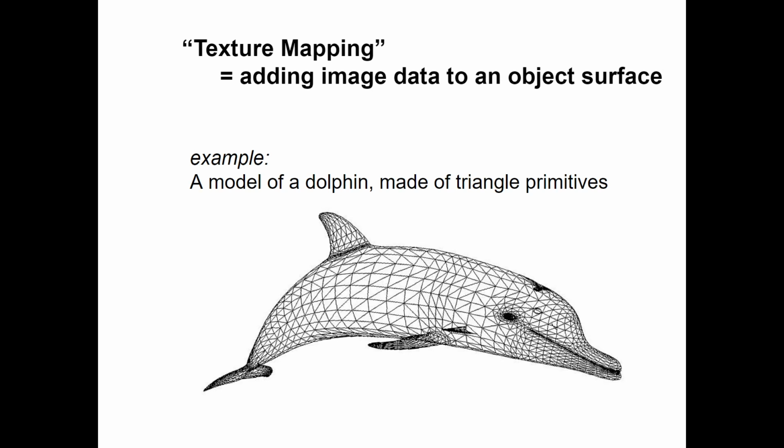How do we add more detail to the image without adding actual geometry? The question is, well, why don't we just take image data and draw that on those polygons? Imagine a computer screen, right? Your computer screen, basically, you have some image that is mapped to the computer screen, so it's just flat on there, right? So the simplest case is adding image data to an object's surface according to some lookup, right? A UV coordinate lookup that we use. So an example, say we had a model of a dolphin that was made of triangle primitives.